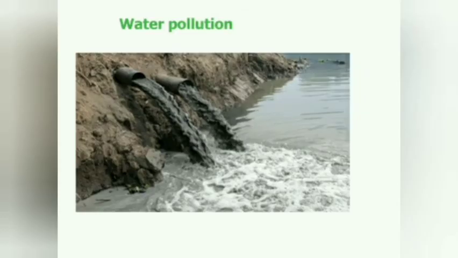Water pollution. Water pollution occurs when waste from factories, houses, and farms mixes with the water in rivers, lakes, ponds, and oceans, or even the groundwater. This contaminated water can spread diseases and chemicals which are not good for our health.